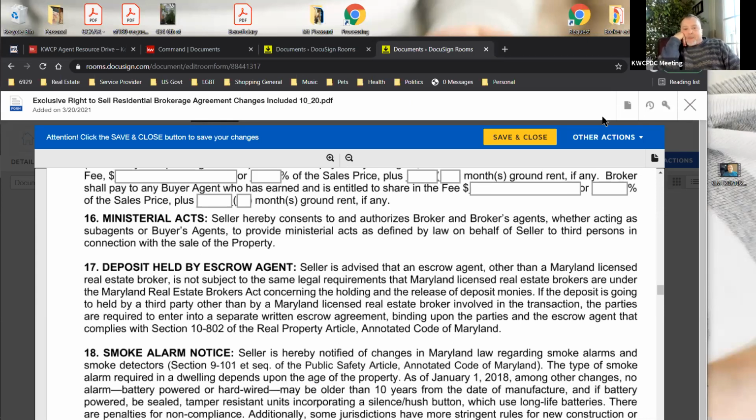Appreciate that. So a ministerial act is any kind of activity that you do that is not a function of your agency obligation to your client, but maybe an action that is assisting the other side in a transaction.